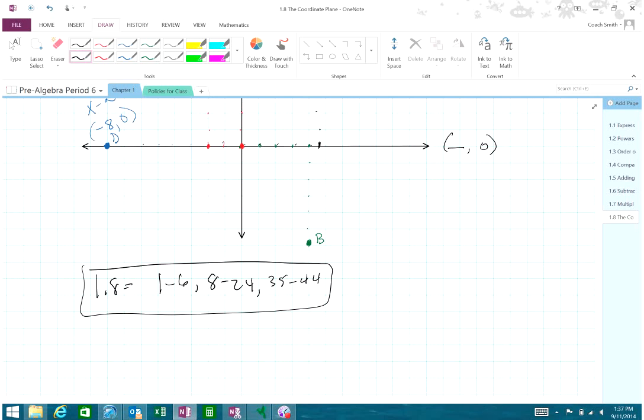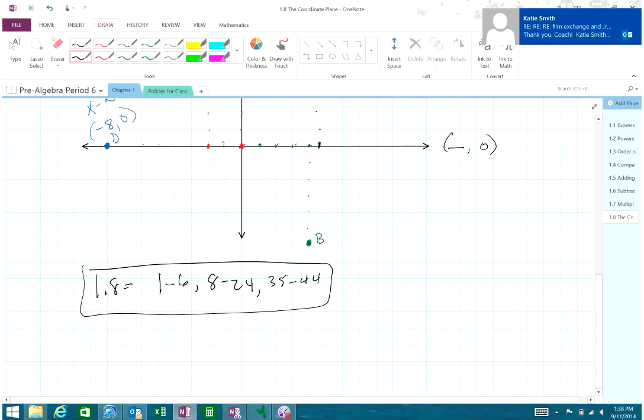On 17 through 24, actually 3 through 6 and 17 through 24, you must plot the point as part of your answer. Okay, so you just need to draw your little graph and do it. We're not going to have graph paper just for this one little assignment.